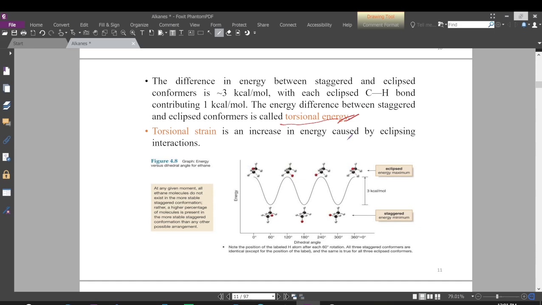Torsional strain is the increase in energy caused by eclipsing interactions. In the eclipsed conformation the energy is higher than in the staggered conformation. In the graph, the y-axis is energy and the x-axis is dihedral angle. The eclipsed energy is maximum and the staggered energy is minimum, and the difference is 3 kilocalories per mole.